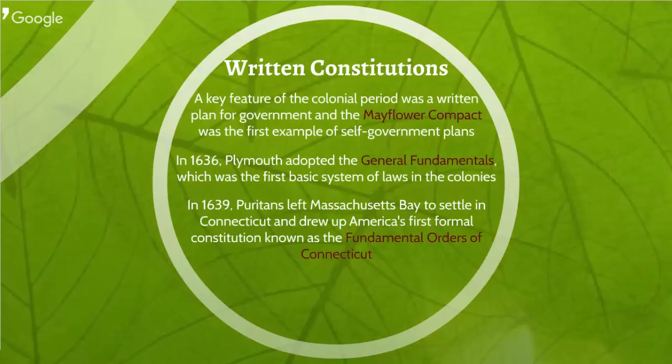So 3 years after the General Fundamentals were adopted in Plymouth, in 1639, Puritans left Massachusetts Bay because they wanted to draw up their first formal constitution. And they did this in the colony of Connecticut, and they called their first formal constitution, which outlined the structure of government, the Fundamental Orders of, you guessed it, Connecticut.